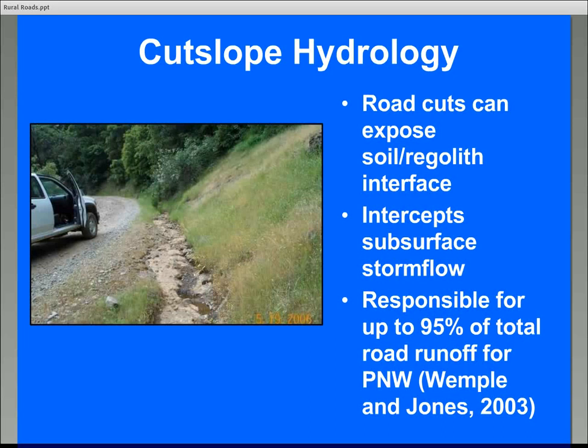So the one thing about road surfaces is that they are highly compacted, they have high bulk densities, and they have little or no pore space below the running surface. And as you can see here, I have a table of published values of saturated hydraulic conductivity. Think of that as sort of an infiltration rate at saturation.